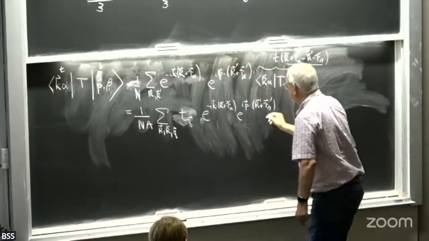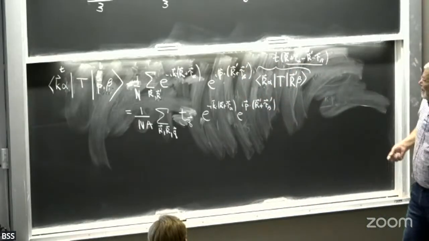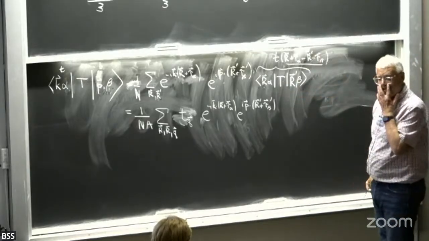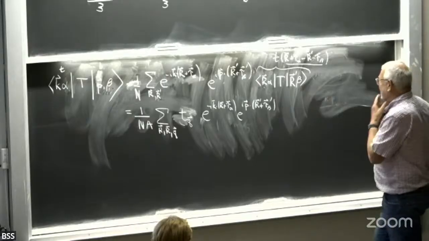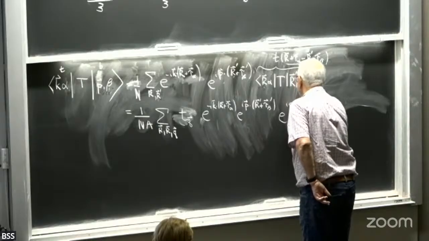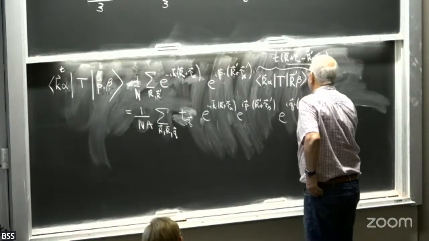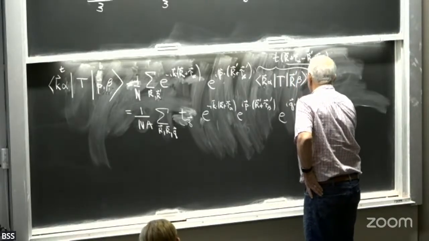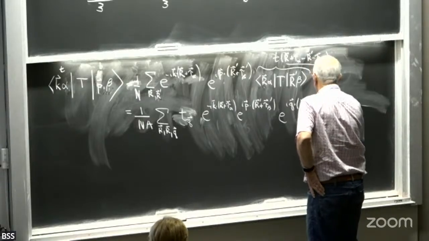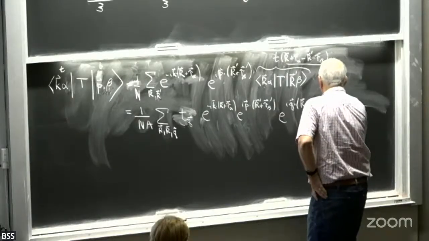And I put a prime on this tau because I'm imagining that the bottom layer has been rotated. And then I have, from this Fourier expansion, e to the iq dot (r plus tau alpha minus tau beta).